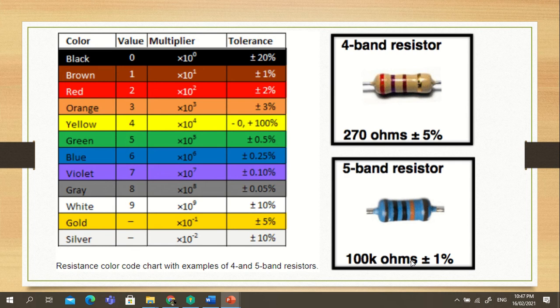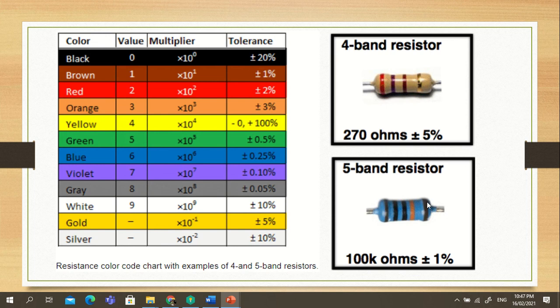So 100,000, because 100 multiplied by 10 to the 3, which is equal to 1000. So k here stands for 10 to the 3, which is 1000. So we read this one as 100,000 ohms, or 100 k ohms. K stands for 1000, then plus and minus. So this one is a brown color.